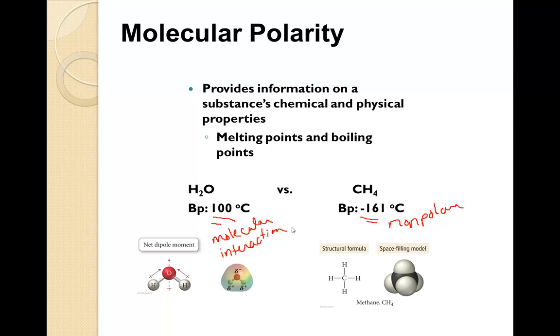Whereas CH4 doesn't have as many molecular interactions, and therefore it does not hold together as easily. And that explains how to determine if something is polar or not.